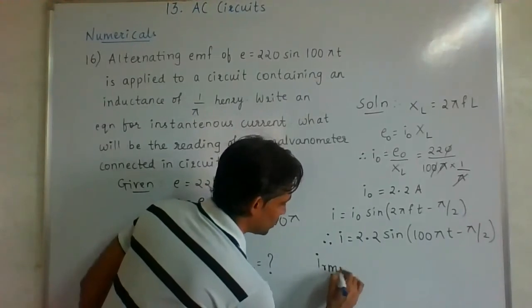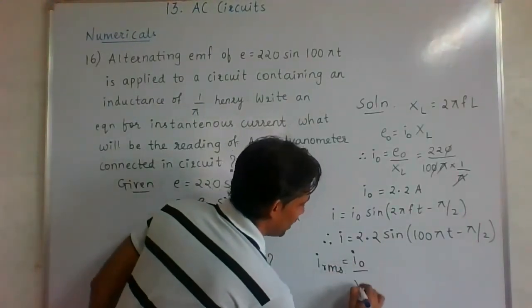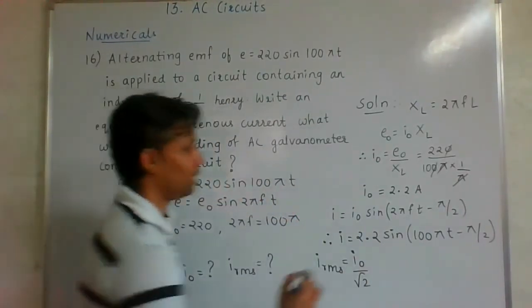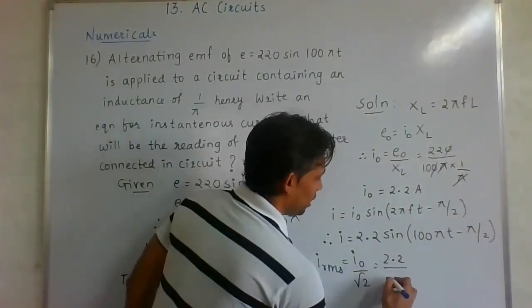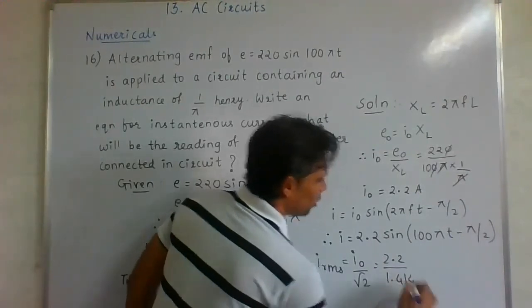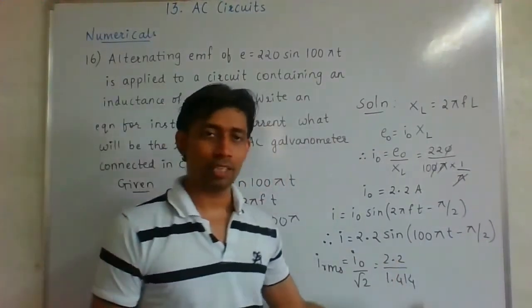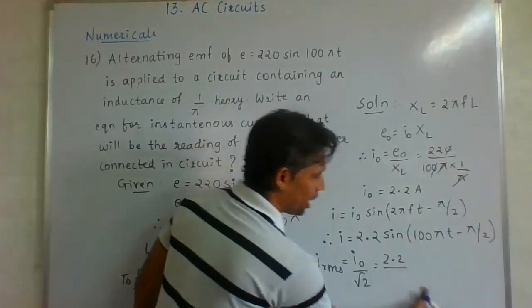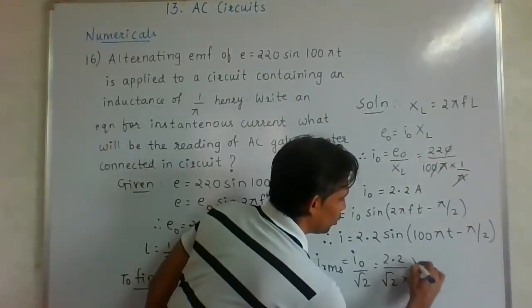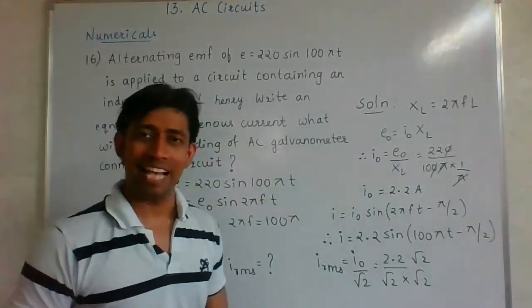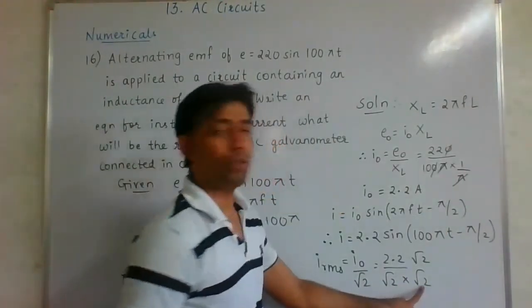Second part तो बहुत easy है. You know I RMS is I naught divided by root 2. I naught value is 2.2 divided by 1.414. अब डायरेक्टली डिवाइड कर सकते हो, अदरवाइज टू ईज योर कैलकुलेशन, थोड़ा इजी करने के लिए हम क्या कर सकते हैं, रूट 2 से मल्टीप्लाई कर दो numerator as well as denominator. So this will become your 2.